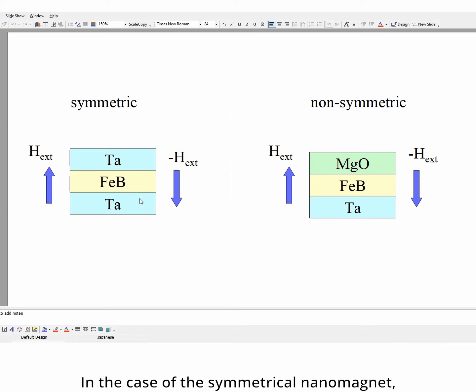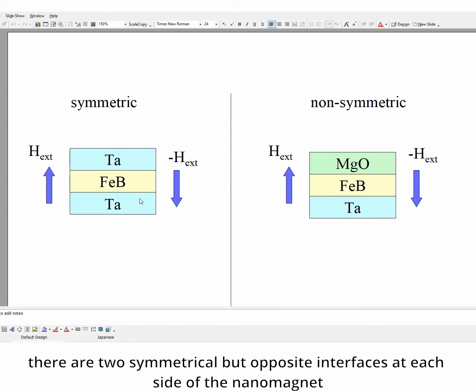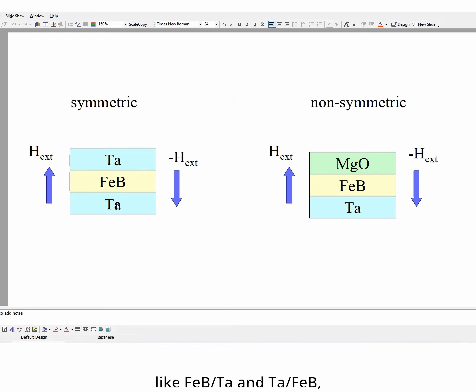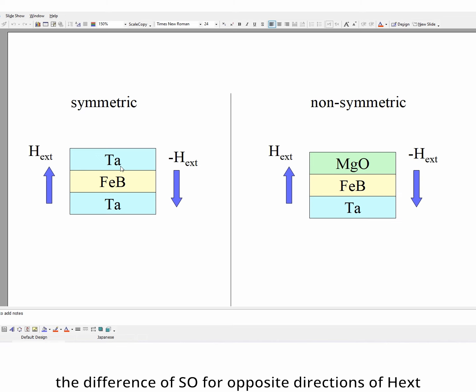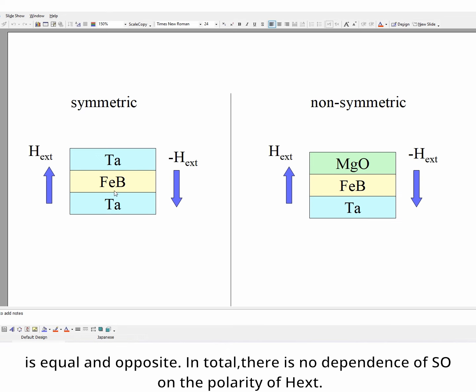In the case of the symmetrical nanomagnet, there are two symmetrical but opposite interfaces at each side of the nanomagnet, like iron-boron tantalum and tantalum-iron-boron. The difference of spin-orbit interaction for opposite directions of external magnetic field is equal and opposite. In total, there is no dependence of spin-orbit interaction on the polarity of the external magnetic field.